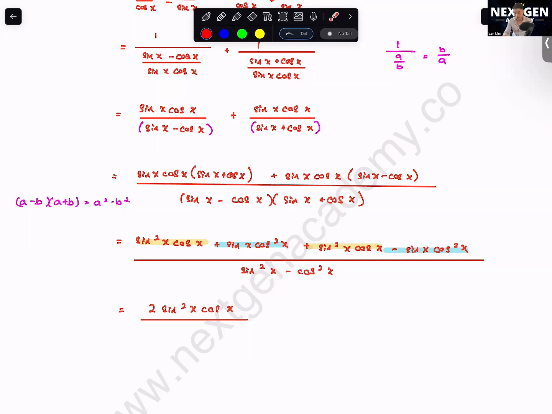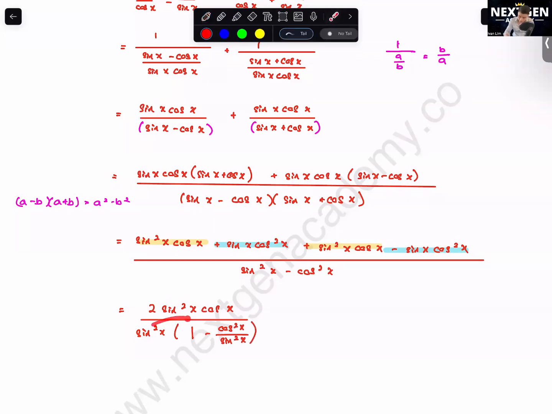Okay, because like what I said, we want a sine square to appear here because I want to make this over sine square. Okay, so I think Xin Yuan's way might be the fastest one. So you factorize out like that. Sine square x, this will become 1 minus cos square x over sine square x. Okay?